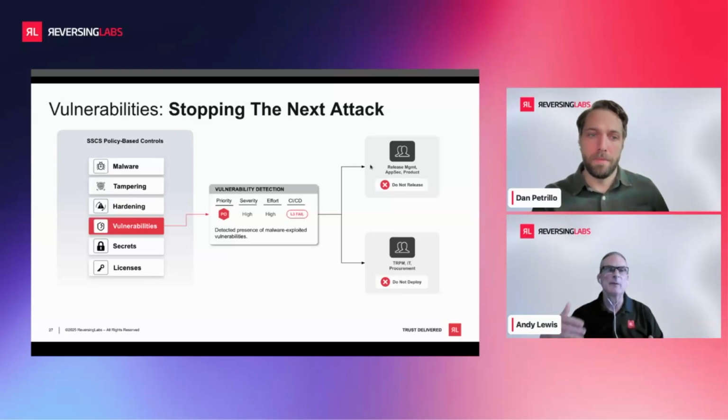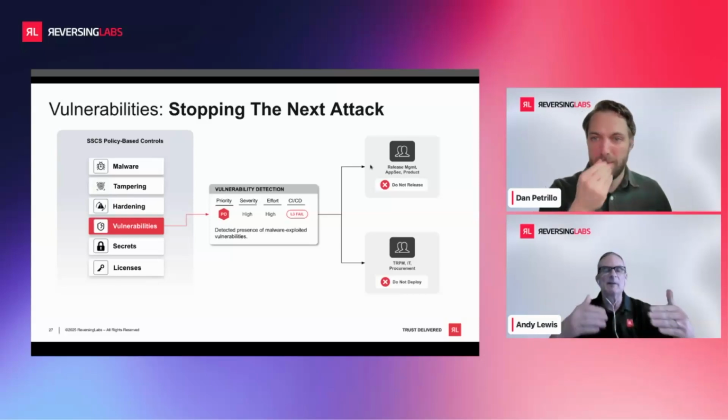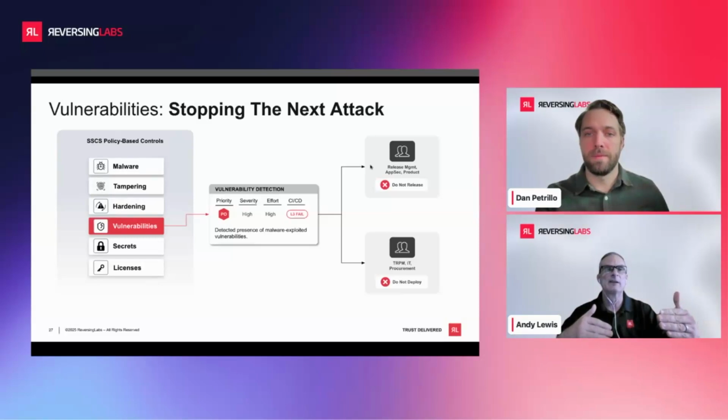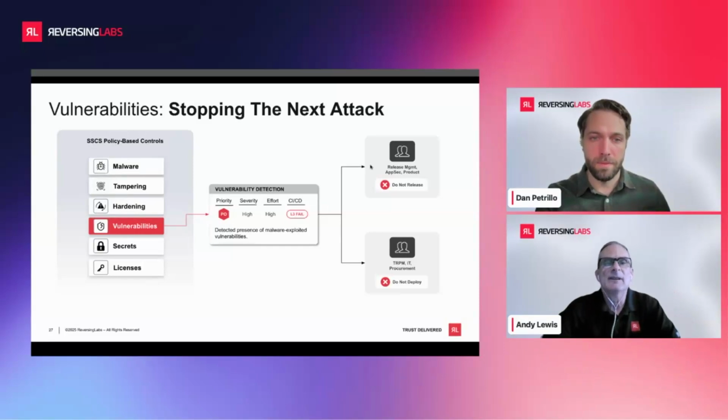And if you've been working with that, then that's basically a formal way of telling your customers or your consumers, yeah, it's there, but it ain't a problem, right? So that's a way to address vulnerabilities. But again, detection is the big thing.